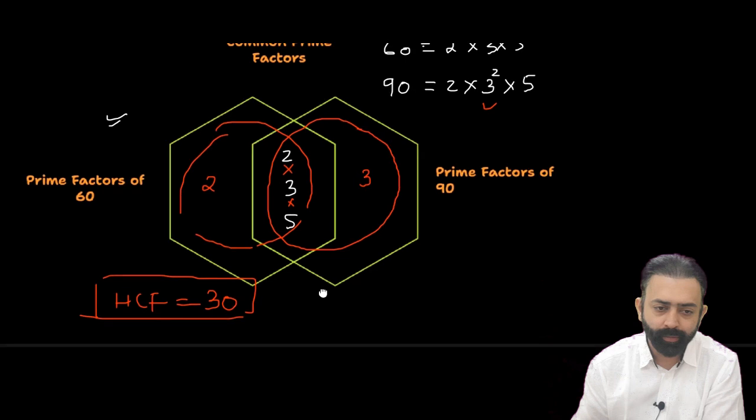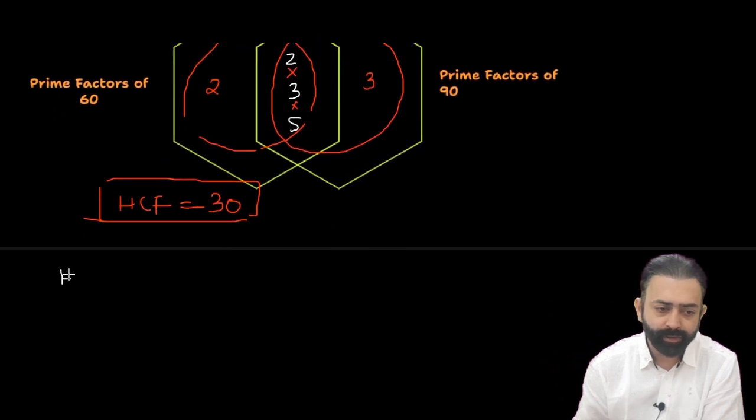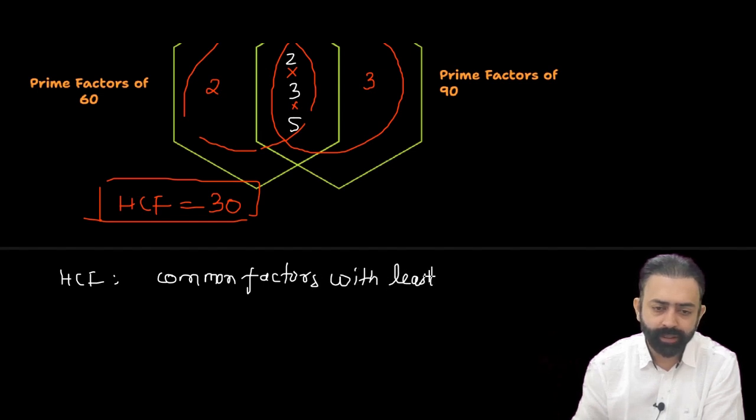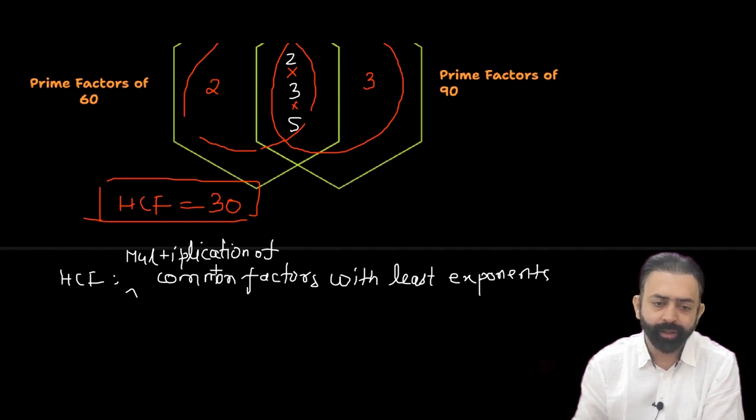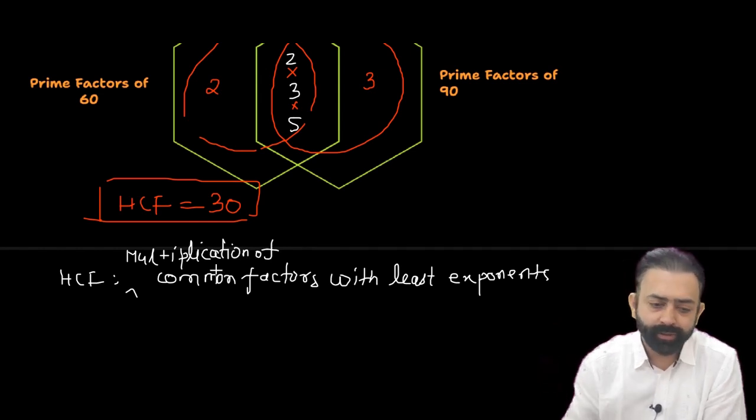Common factors with least exponents. And what we need to do with these is multiply. So in fact, it is the multiplication of common factors with the least exponents.